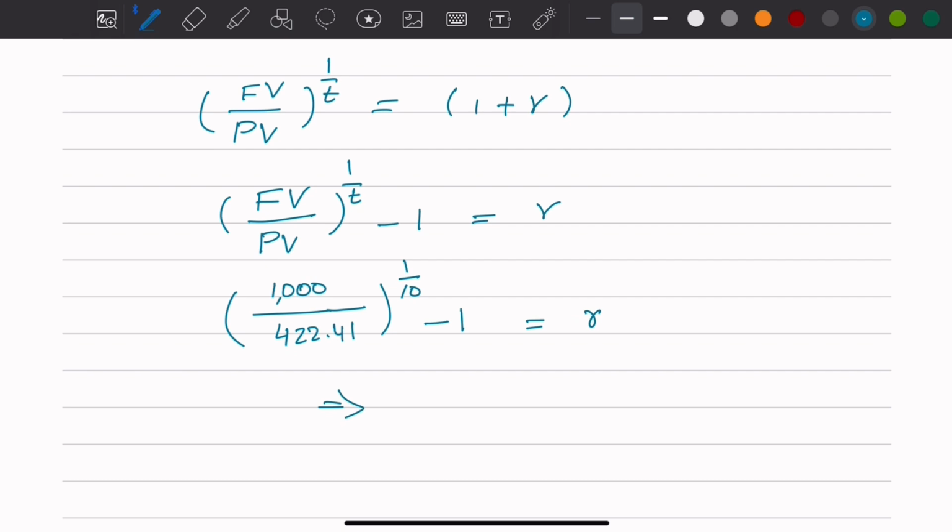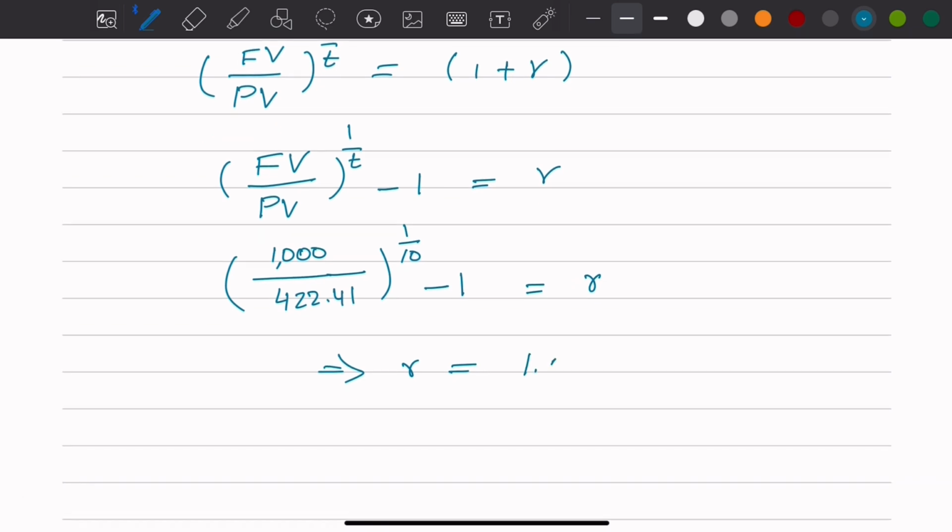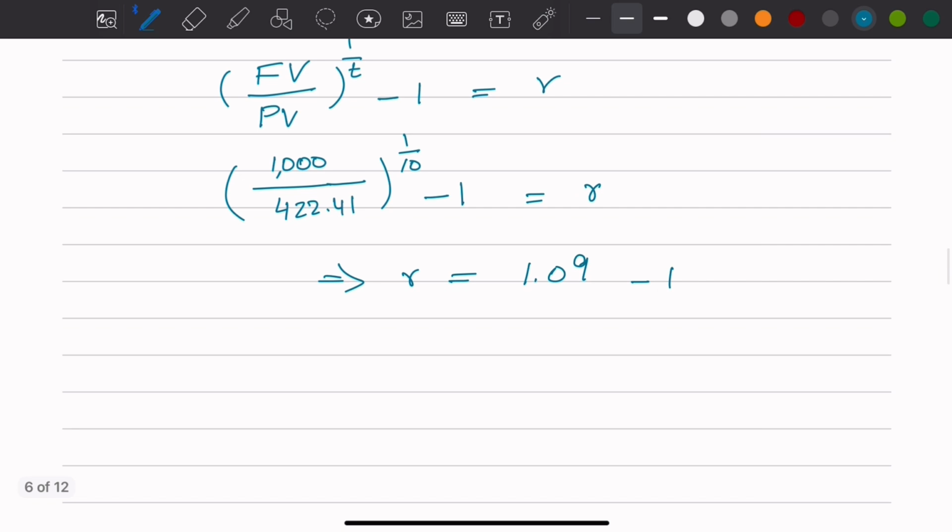Thus, R equals, and let's go to our calculators: open a bracket, 1000 divided by 422.41, close the bracket, and then raise it to the power of 1 divided by 10. That gives me 1.09, minus 1. That means R equals 0.09, which is equal to 9%.